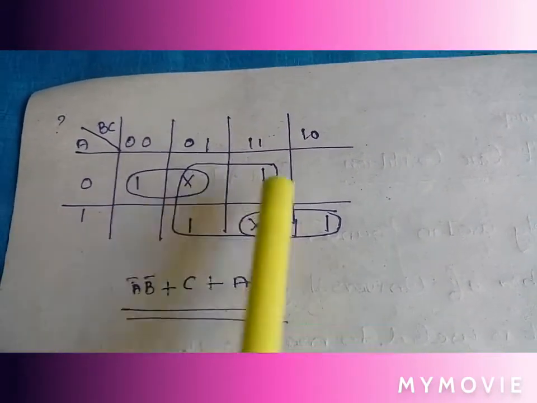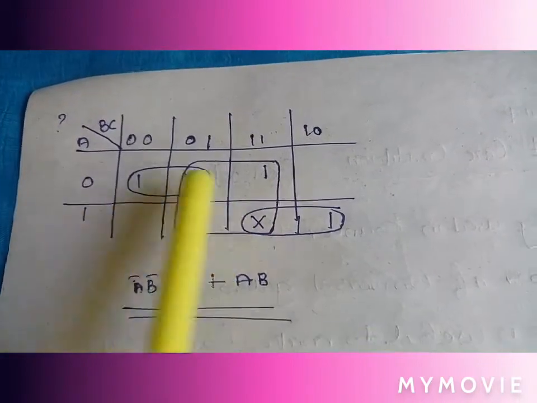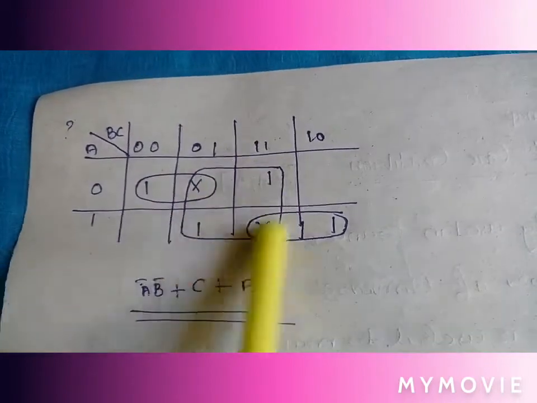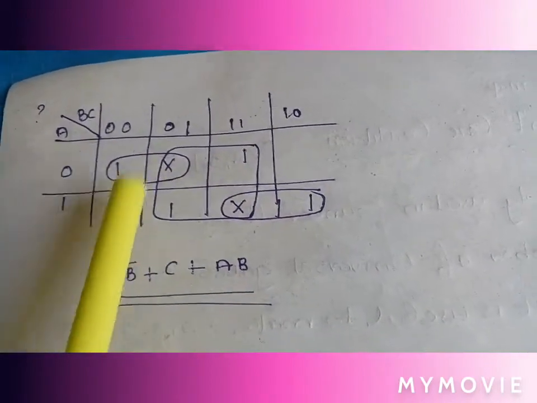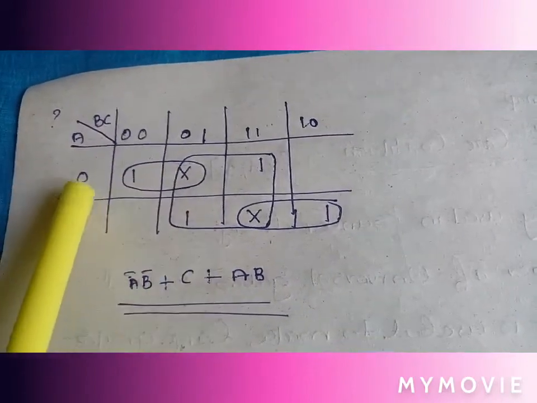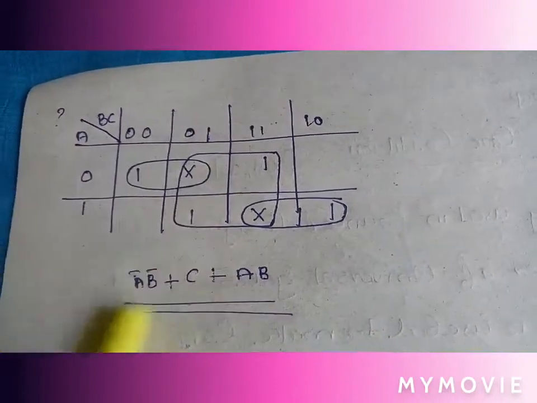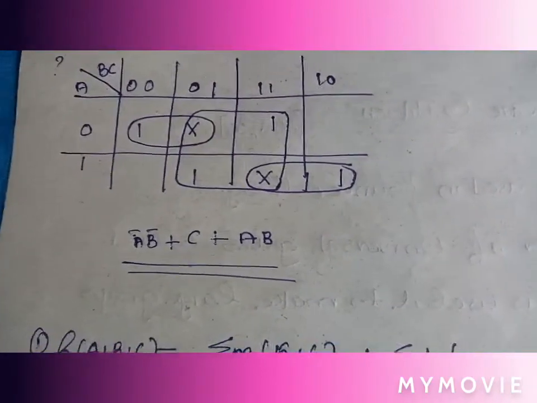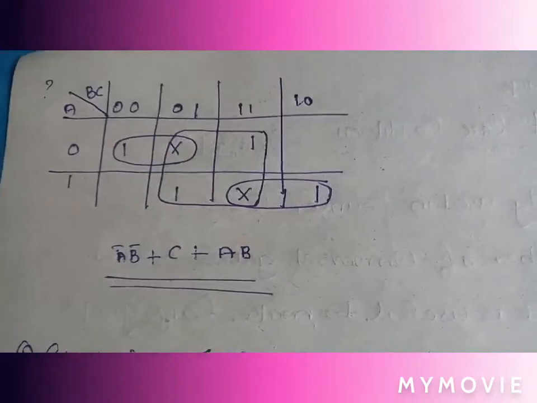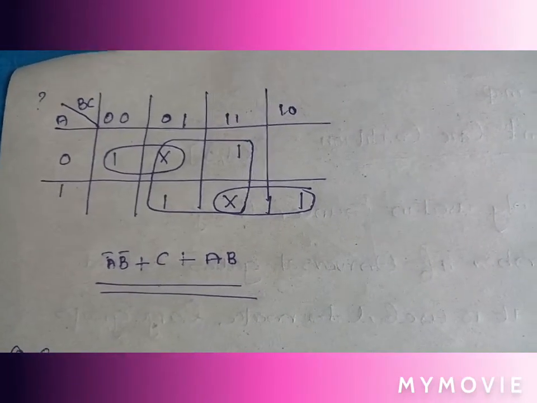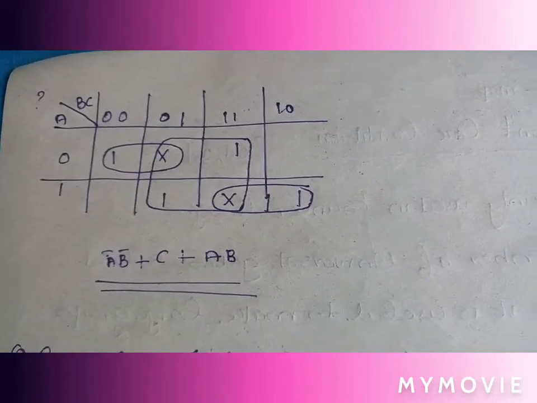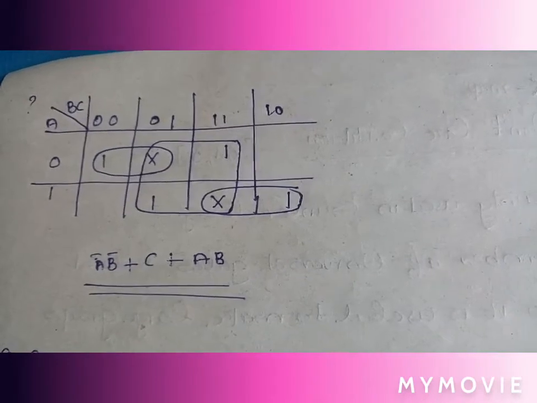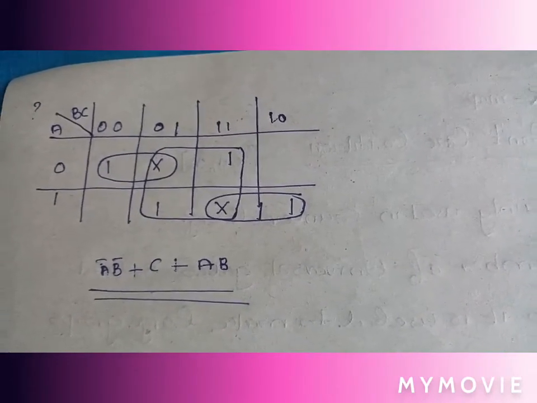Okay, so from that quad we know that A is changing, B is changing, so C is for quad and for first pair that is A bar B bar plus here it is AB. So A bar B bar plus C plus AB is the answer for this K-map. Don't care conditions simplify the output with the minimum number of gates.